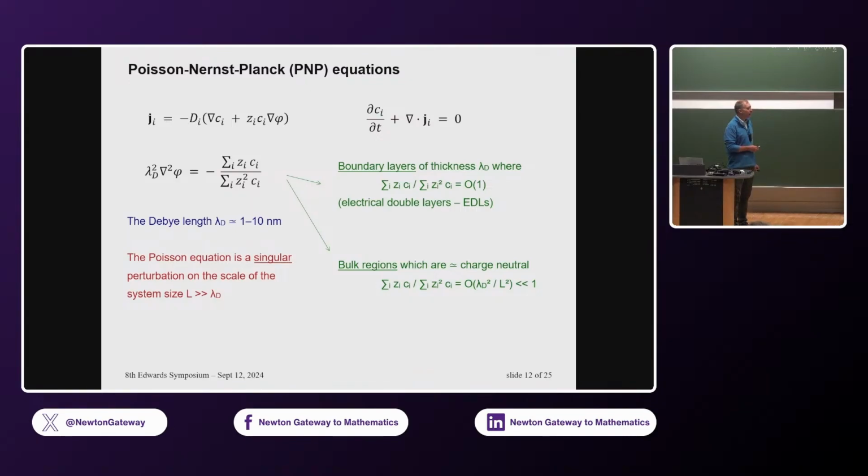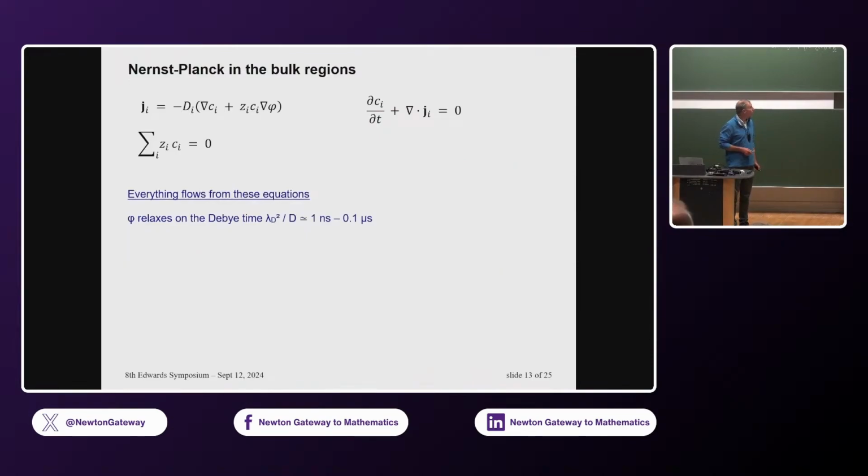And these are just the electrical double layers that surround everything that you dip into an electrolyte solution. But in the bulk regions away from the electrical double layers, this term is essentially lambda D over L squared, much, much less than 1, so we can, for all practical purposes, assume that the space charge vanishes. And that gives rise to the Nernst-Planck equations in bulk regions where we assume local charge neutrality.